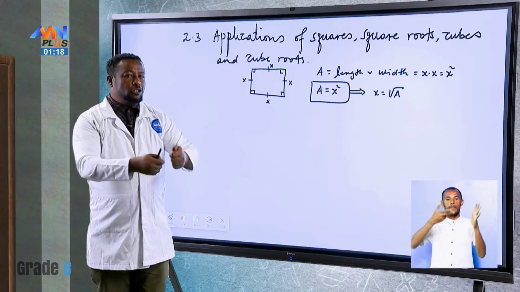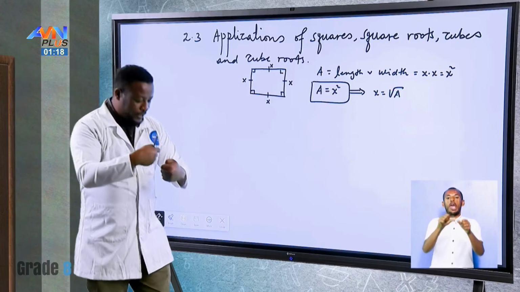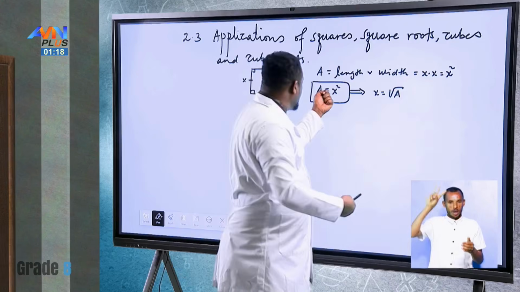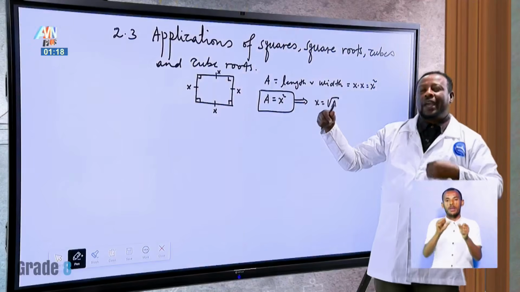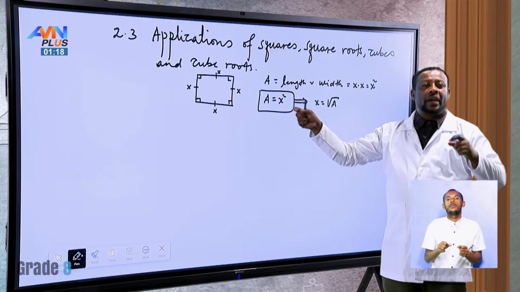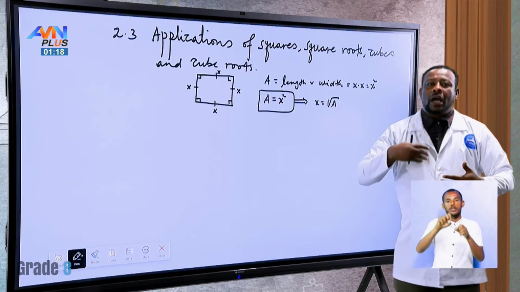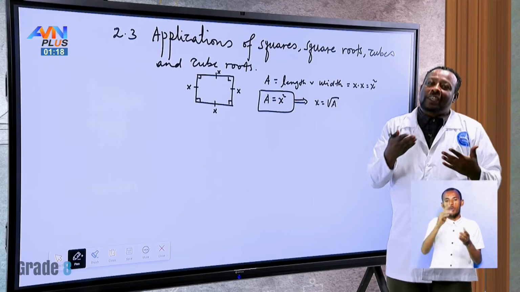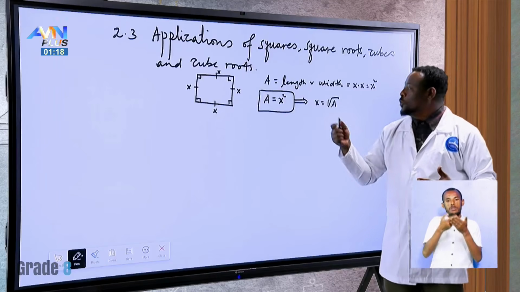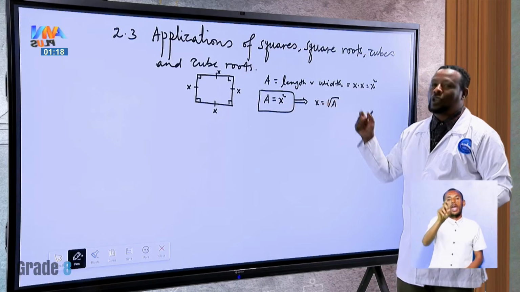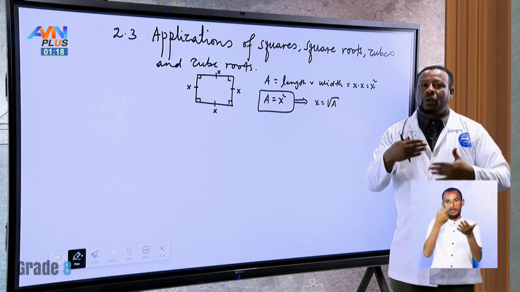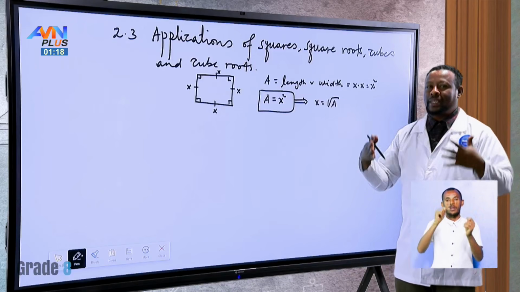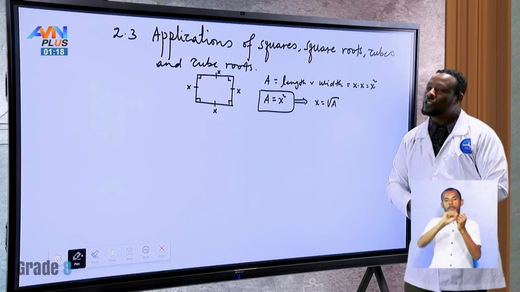You can use area is equal to x squared whenever you want to calculate the area of a certain square region. Whenever you want to calculate the side of that region, you can use x is equal to square root of A. Okay, so having this, we will try to see some examples regarding the applications of a square.